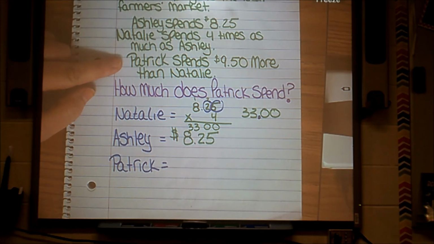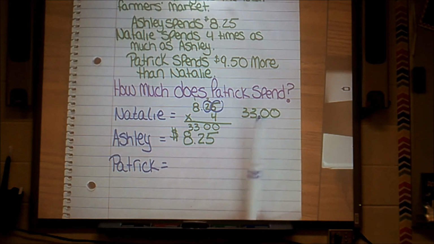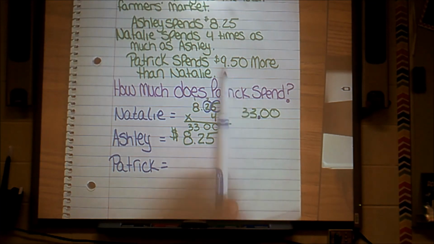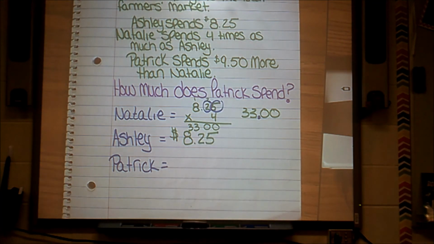More tells me that it's going to be an addition. So going back to chapter 3, I'm going to now add how much money Natalie has, my $33, with the additional $9.50 that Patrick spent, to find his total amount that he spent.